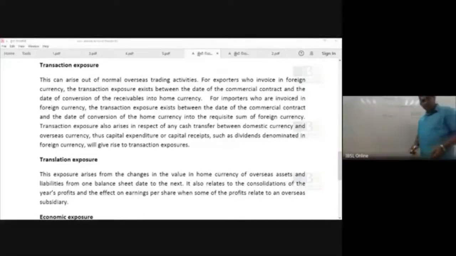Then what do? The applicant goes to his banker, which is the issuing bank, and requests the banker to issue a letter of credit. So this bank will issue a letter of credit via the advising bank. That part I've told you.